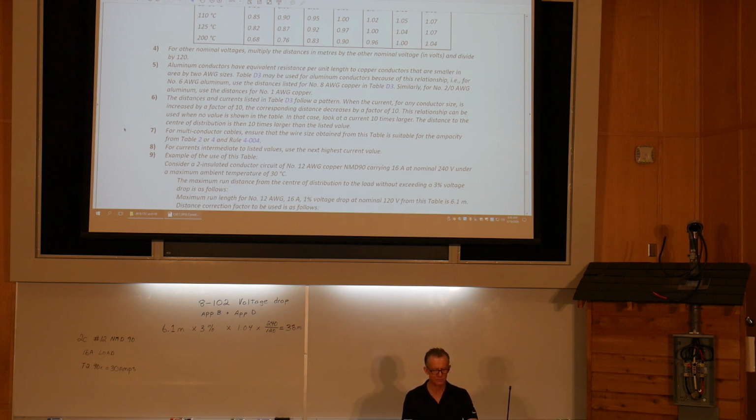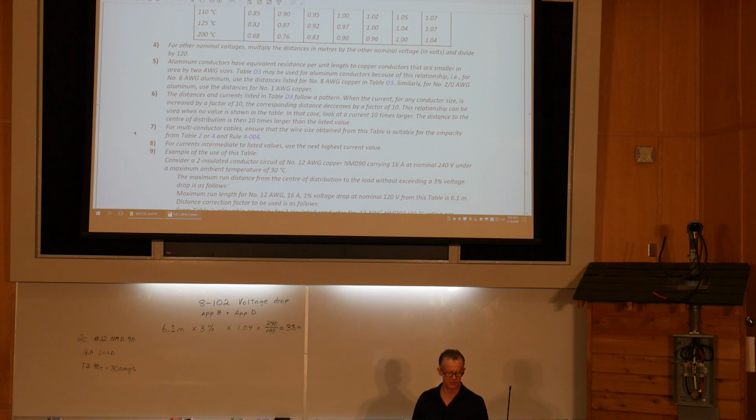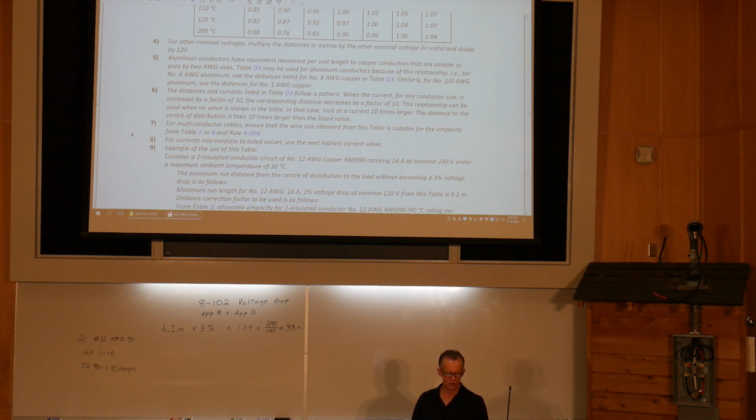Note 7. For multi-conductor cables, ensure that the wire size obtained from this table is suitable for the ampacity from Tables 2 or 4 and Rule 4-004. Just a statement there. Note 8. For currents intermediate to listed values, use the next highest current value.